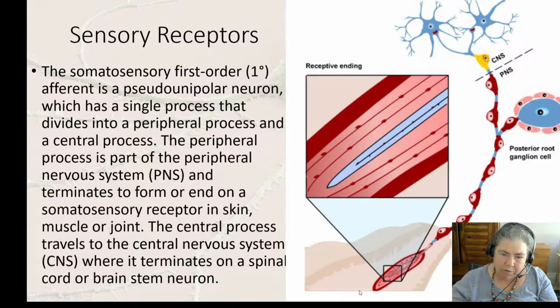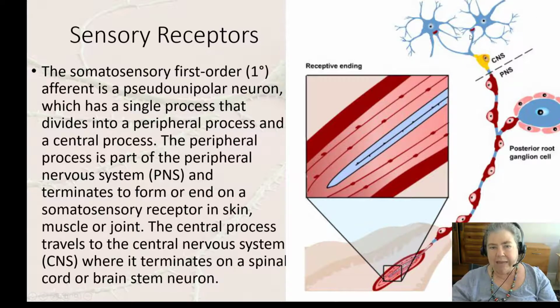The cell body is in the peripheral nervous system, but the central process is in both the peripheral and central nervous systems, and it ultimately synapses on a cell that is either in the spinal cord or in the brainstem, and it depends upon the pathways where it terminates, and the signals then cross over to the other side.